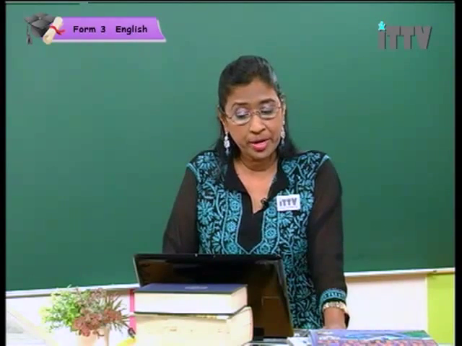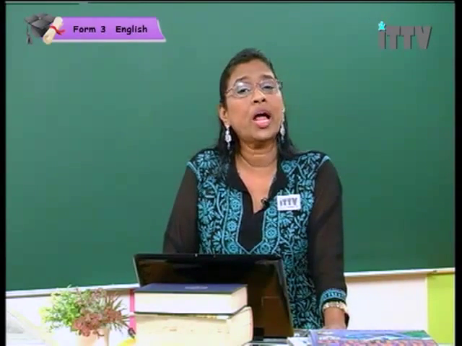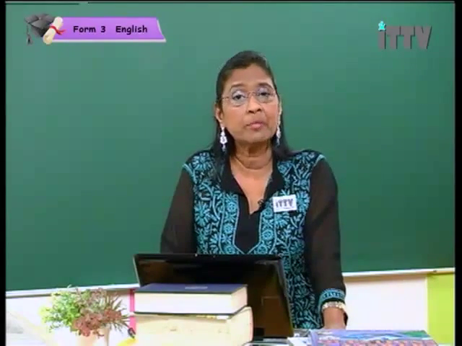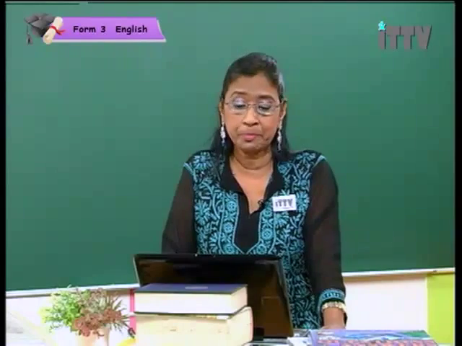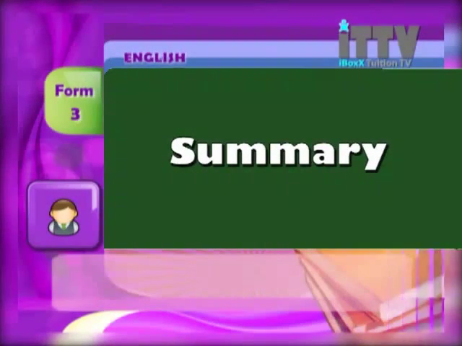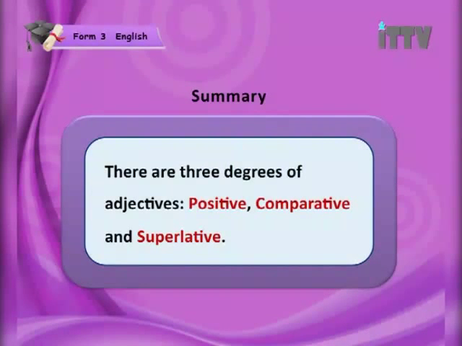All right, students. Now we're going to go to the summary just to help you to remember whatever I've taught you earlier. It'll be easier for you to remember. So just pay attention. There are 3 degrees of adjectives: positive, comparative, and superlative.